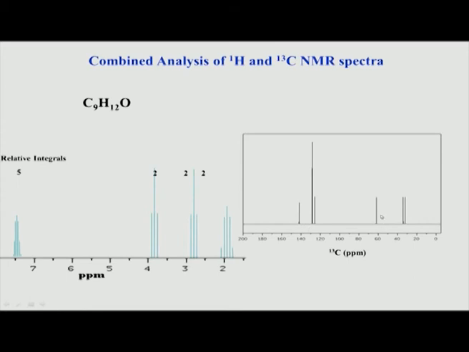Similarly, this peak between 60 to 70 is again a CHO kind of moiety, and this quartet and triplet could be an ethyl group, CH3 CH2. The CH2 will be a quartet and the CH3 will be a triplet.